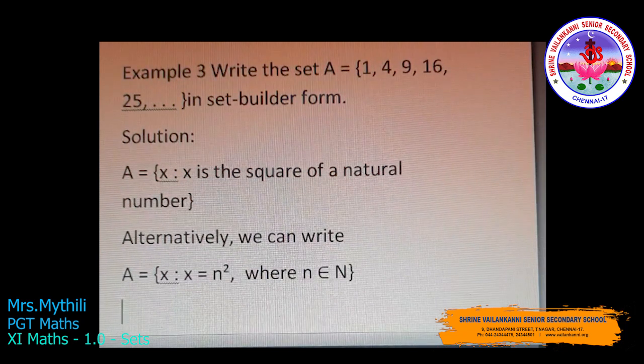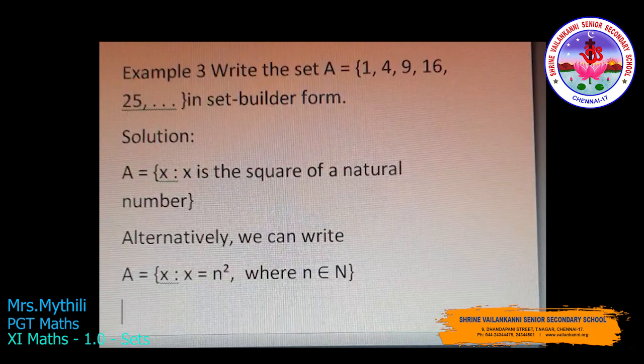So A equal to the set of all x such that x is a square of a natural number. These numbers 1, 4, 9, 16, 25 are squares of natural numbers. So I am representing this set as A equal to the set of all x such that x is the square of a natural number.